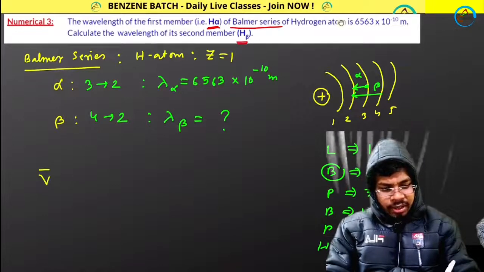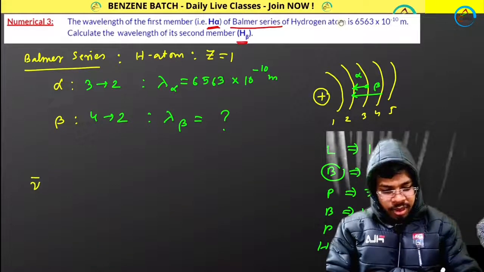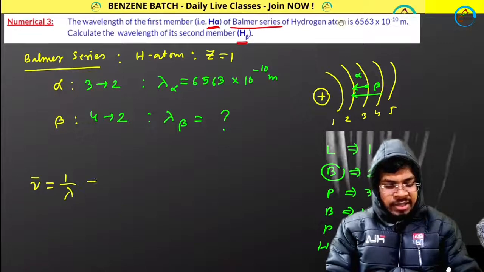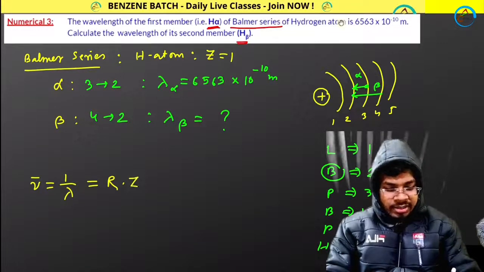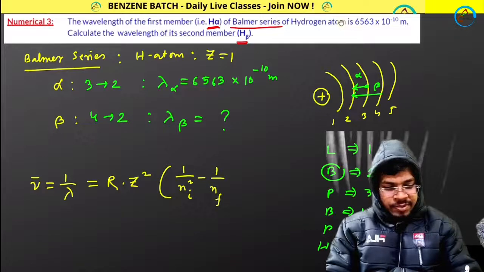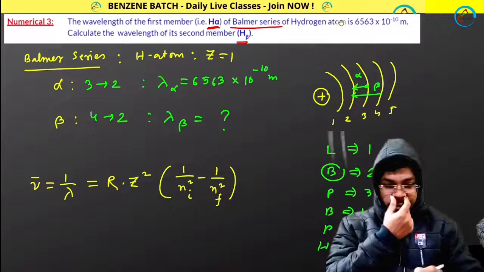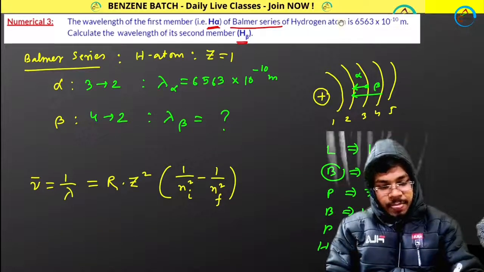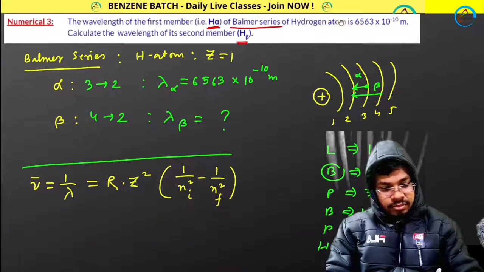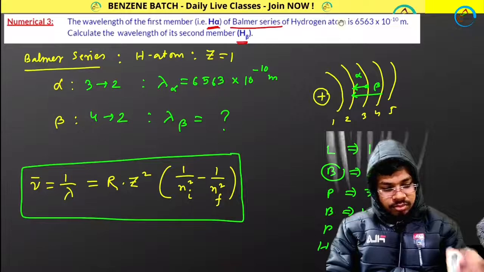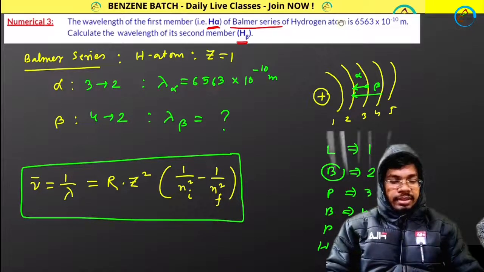So the basic expression is: nu bar equals 1 by lambda. I am writing the general expression. That means R Z square multiplied by 1 by ni square minus 1 by nf square. Got my point? In this way we can solve different numericals. Okay, that is the basic expression.